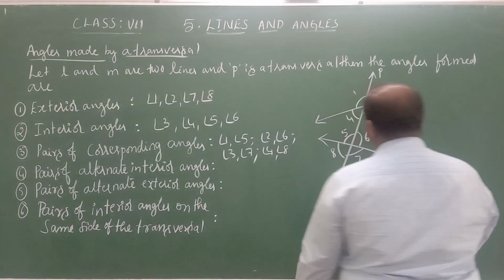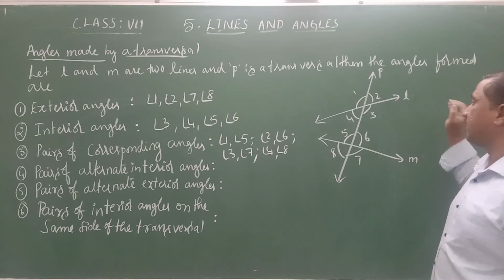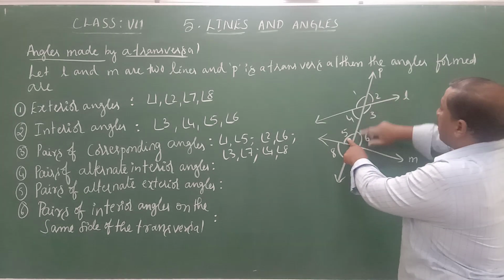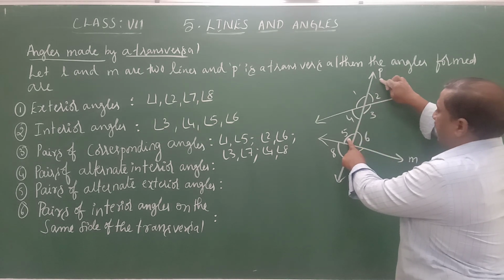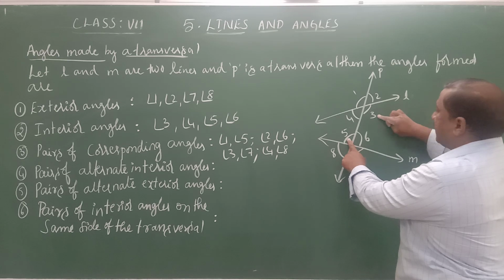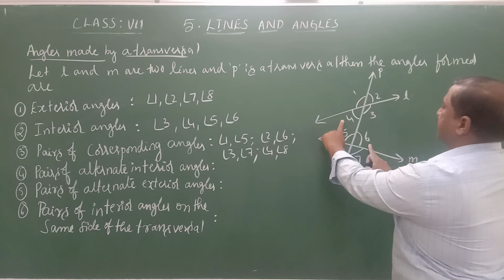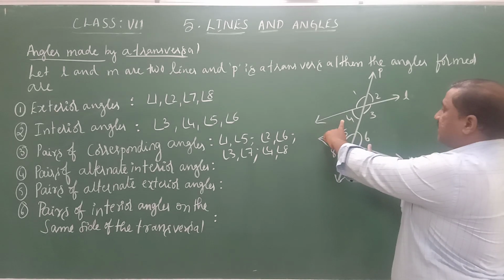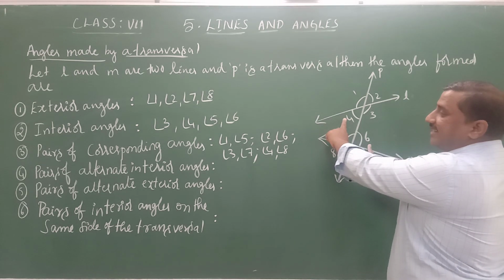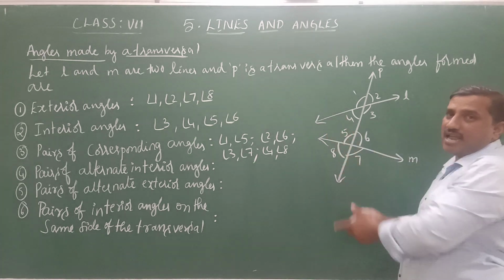Angles 3 and 5 are interior angles and they are on either side of the transversal P. So 3 and 5 is one pair of alternate interior angles. Similarly, 4 and 6 are on either side of the transversal and are known as alternate interior angles.